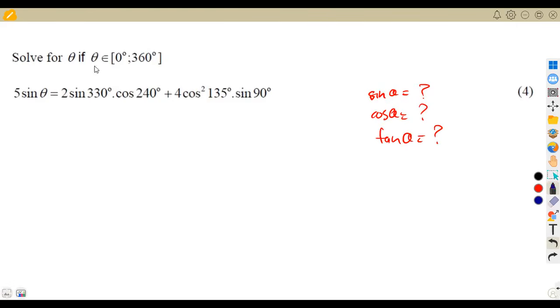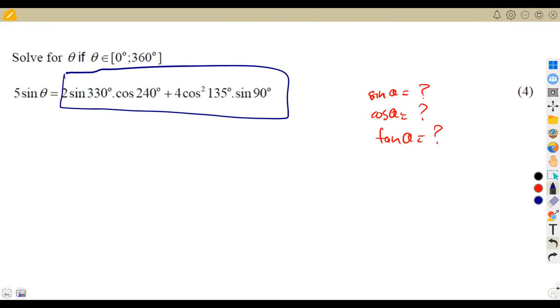We can simply work with this part first, simplify everything. So that means here we are going to have 5 sine of theta is equal to 2 sine 330 degrees. Let us just work this step by step on our calculator. Let me bring the calculator again.